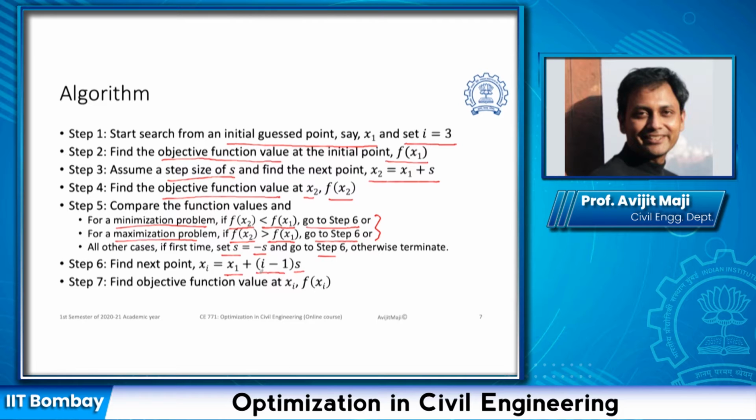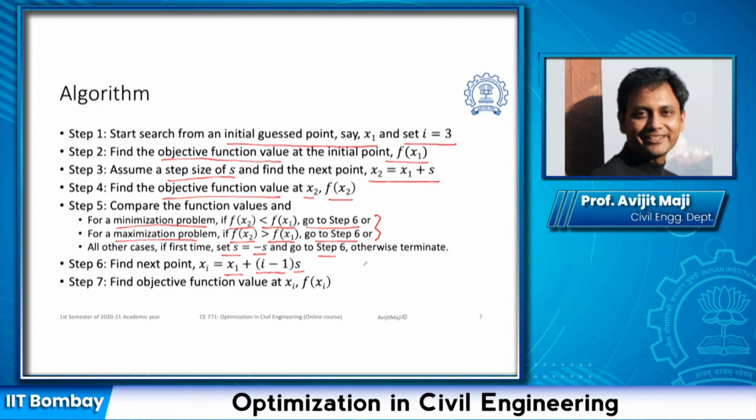So my iteration had indicated as I equal to 3. So my first point is going to be I minus 1, which is 3 minus 1 is going to be 2, 2 times S.